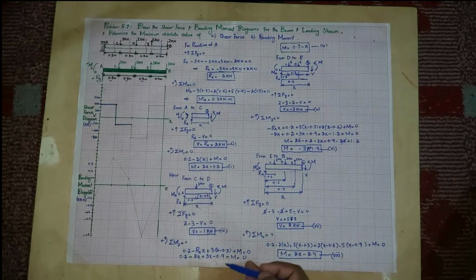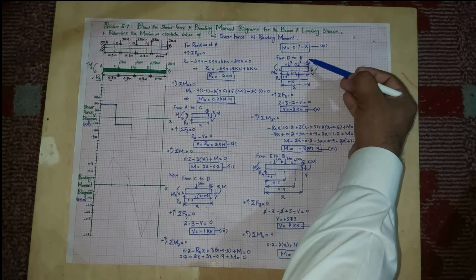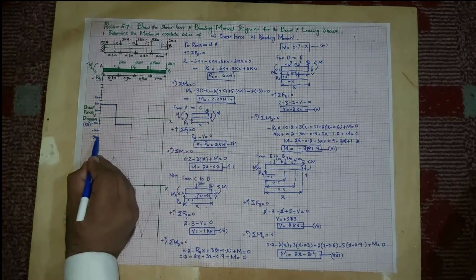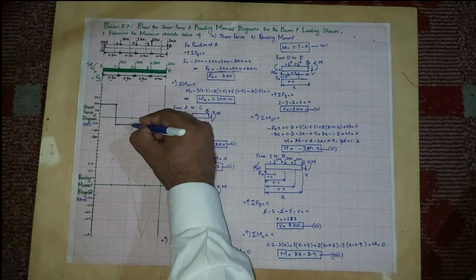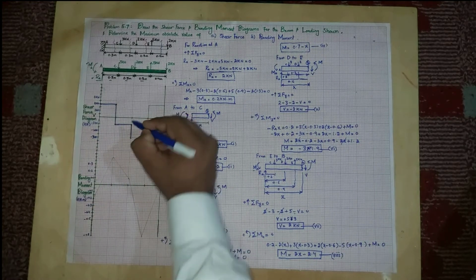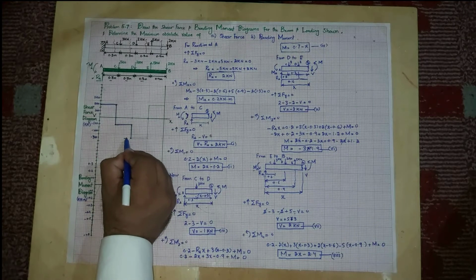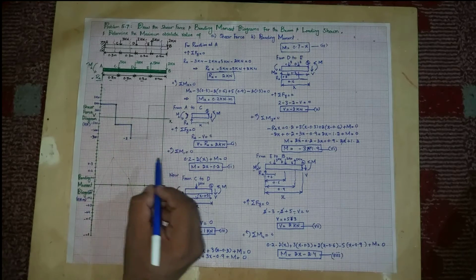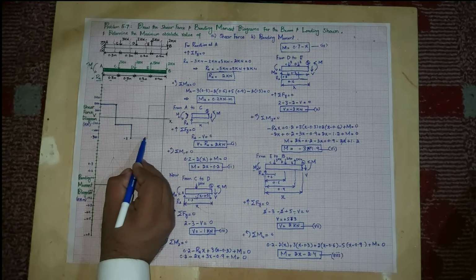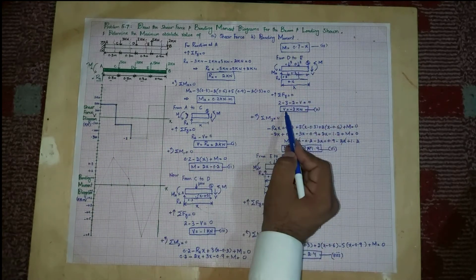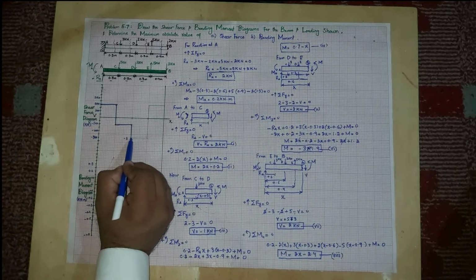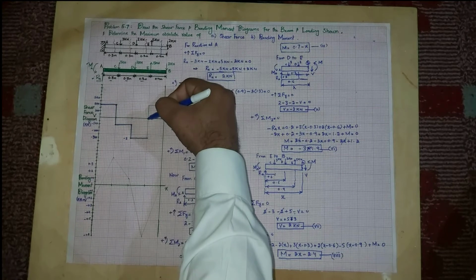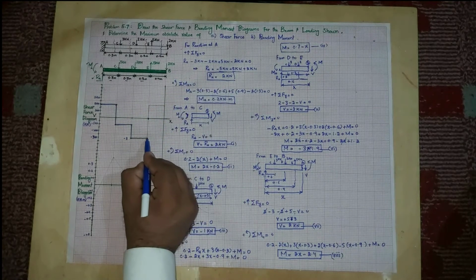Now at point D you can check, this is minus 3. So it will come toward minus 3. This point is minus 3 kilonewton, this is minus 1. From D to E it is a constant value, that is minus 3. This point is actually point E, so this is minus 3.